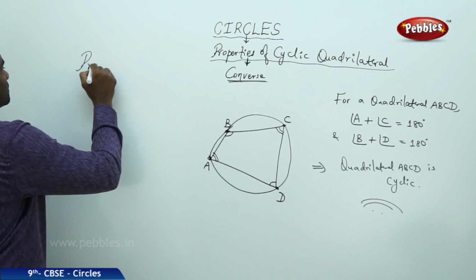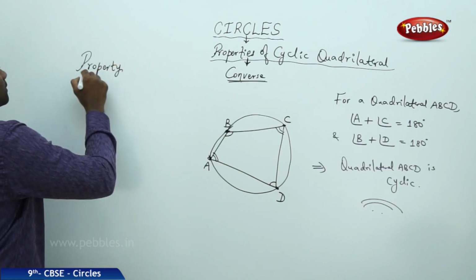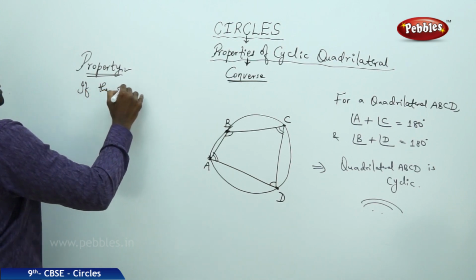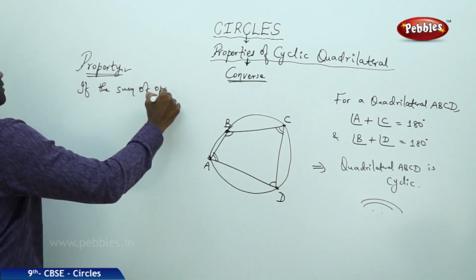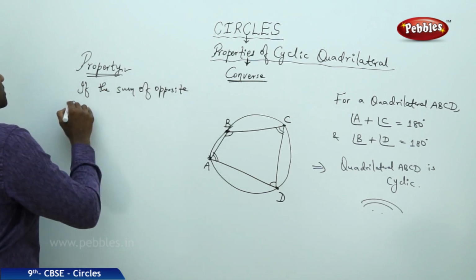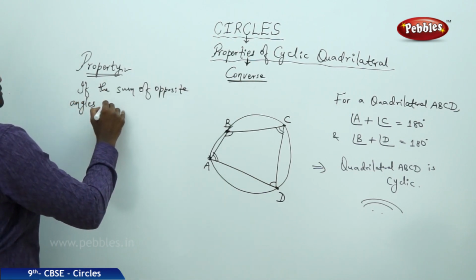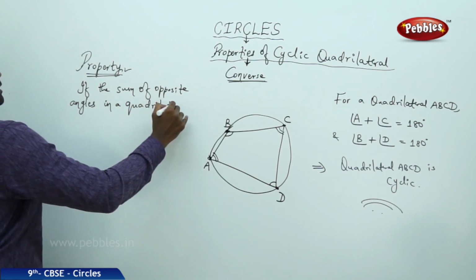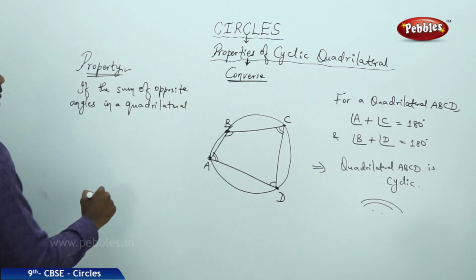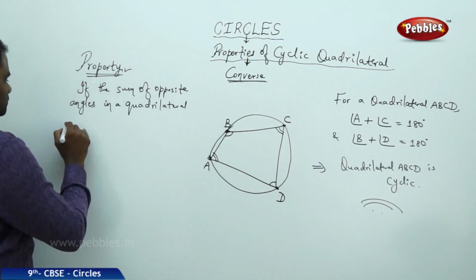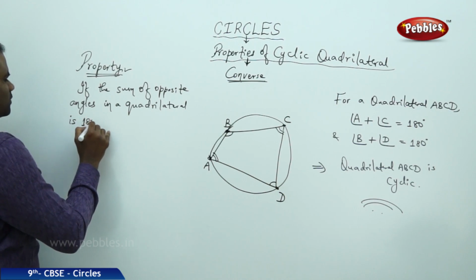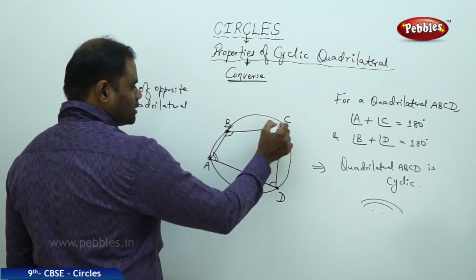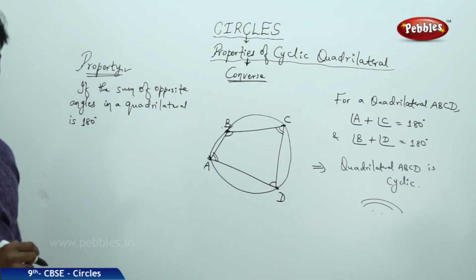In a general sense, my property says if the sum of opposite angles in a quadrilateral is 180 degrees, this and this being opposite angles, A and C are opposite, B and D are opposite angles of a quadrilateral.